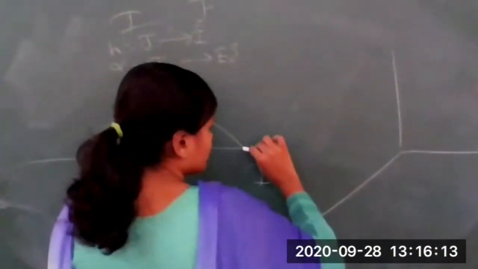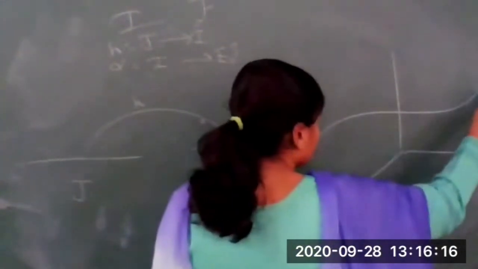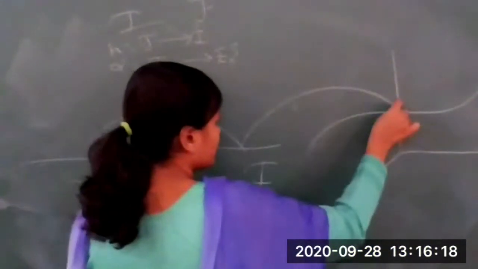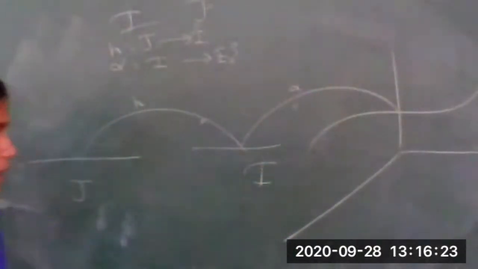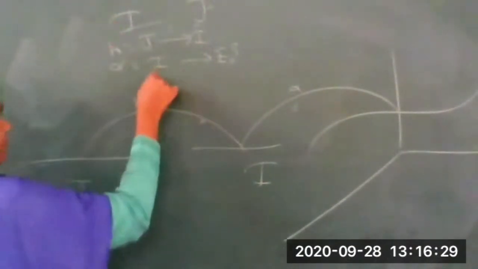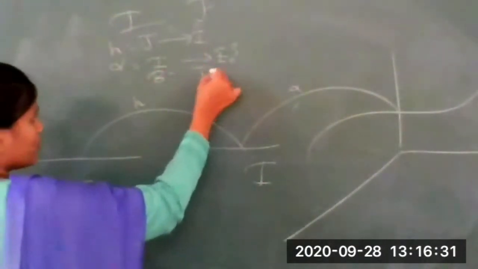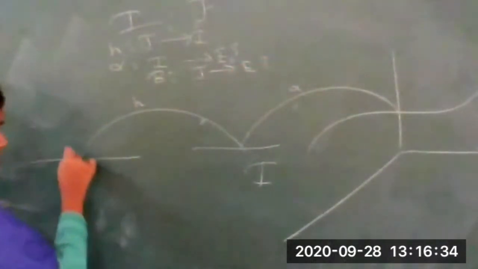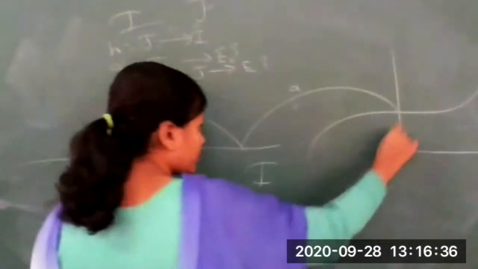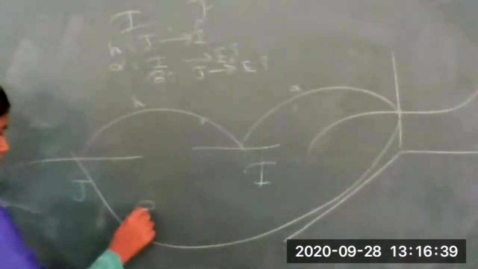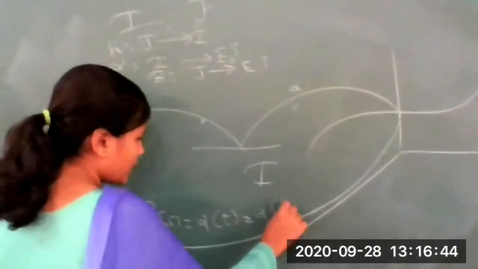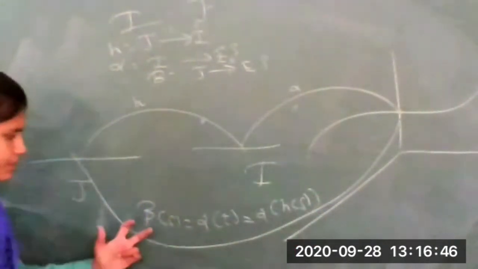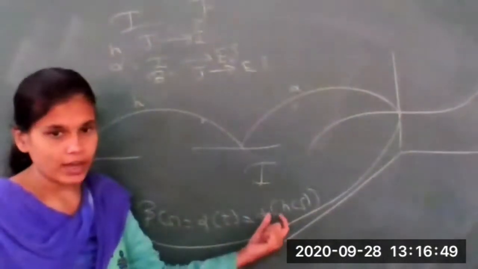So here this will be a curve alpha of t, which is a function from the open interval I to E3 space. So how are you going to define a curve beta, which will be from the open interval J directly to E3 space? That is, beta of s is nothing but alpha of t, that is alpha of h of s. What is beta? Beta is nothing but the composition of alpha and h.